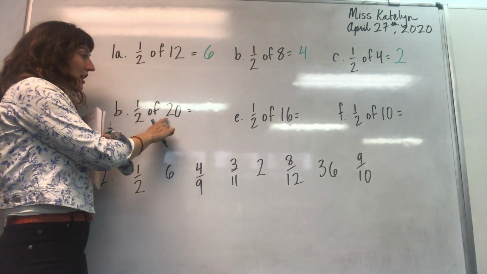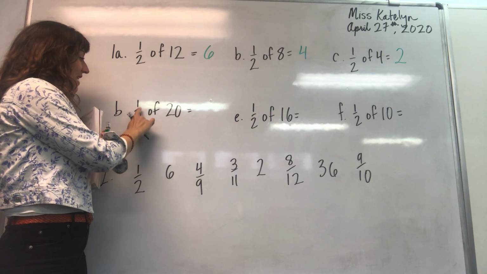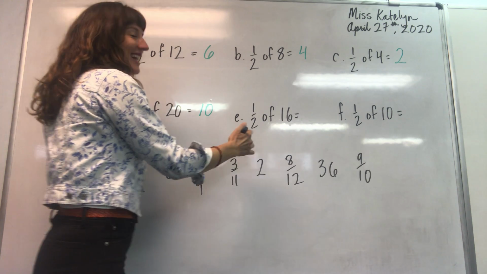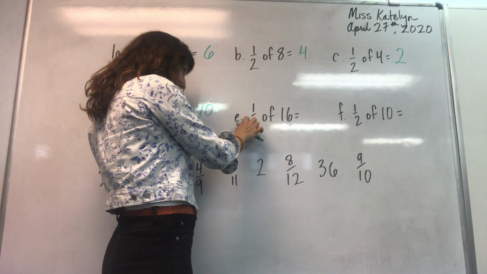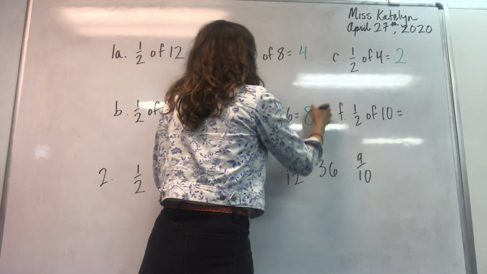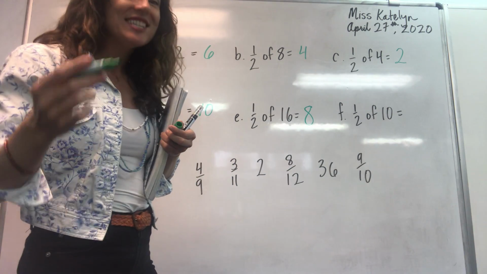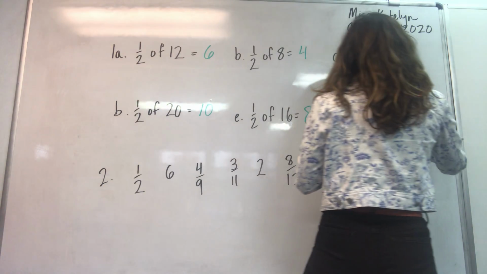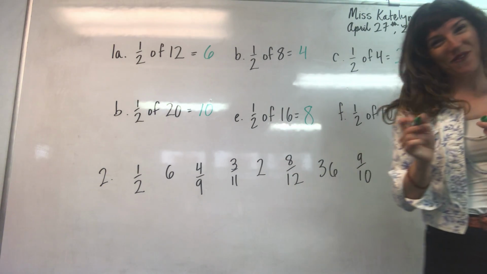Coming on back. 20 divided by 2 is 10. 16 divided by 2 is 8. And last one, 10 divided by 2 is 5. Very good.